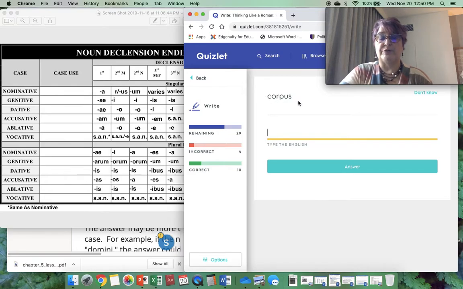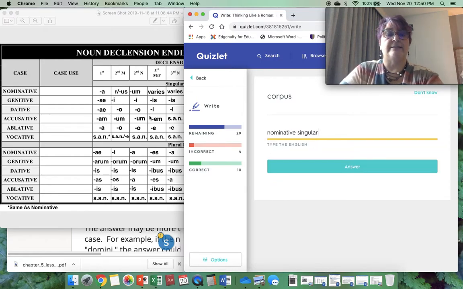Here's corpus. Look, I see US right here. So I'm going to write nominative singular, and I don't see it anywhere else on the chart. So I don't have to look and see what declension it belongs to, because US occurs in only one place on the chart, nominative singular.